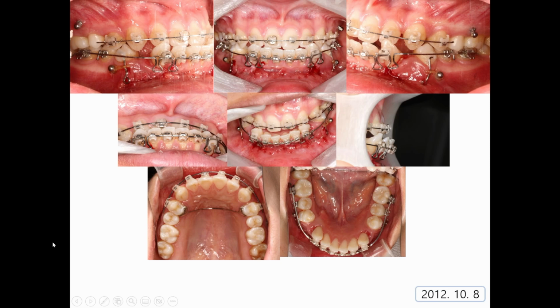So look at here, okay? The crossbite is still here. The important thing is to move the apex.